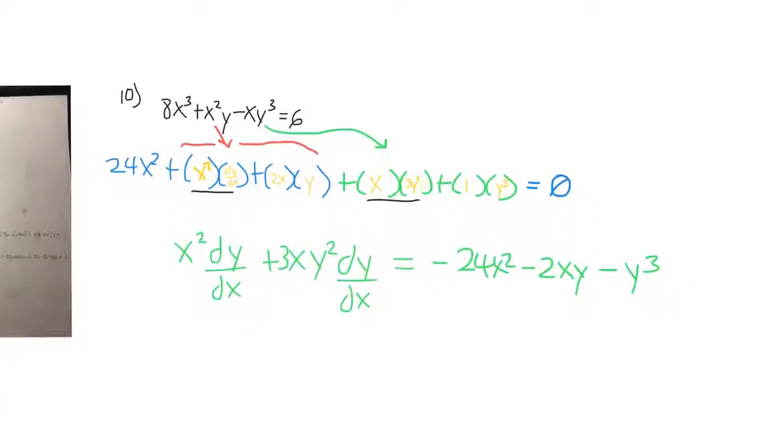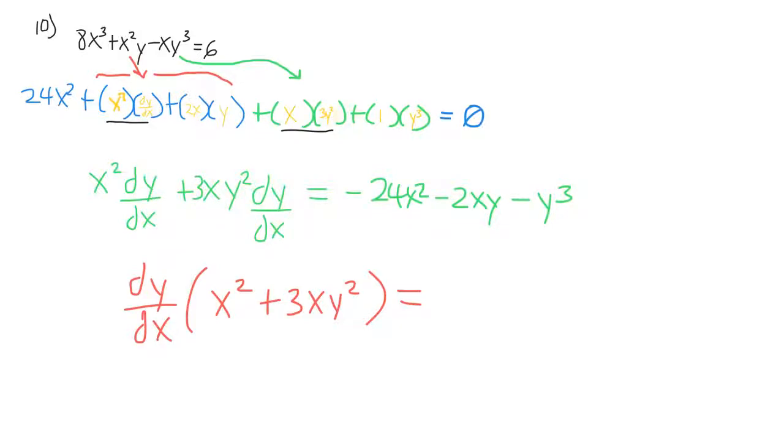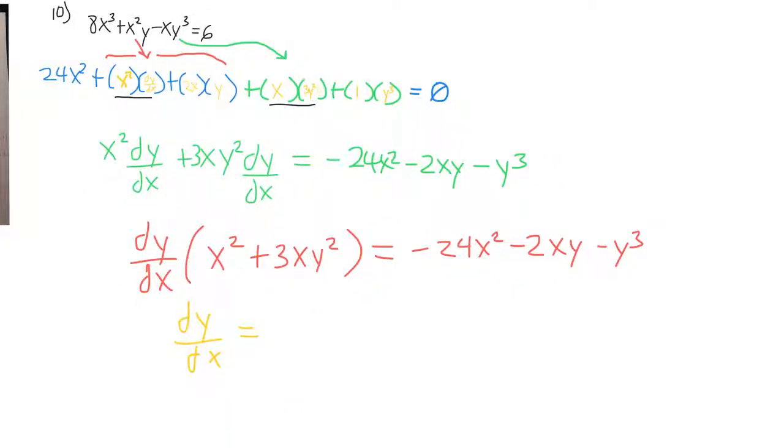All right, factoring out the dy over dx would give us this, and we have this remaining on the right. Dividing both sides by x squared plus 3xy squared would isolate the dy over dx, which is good.